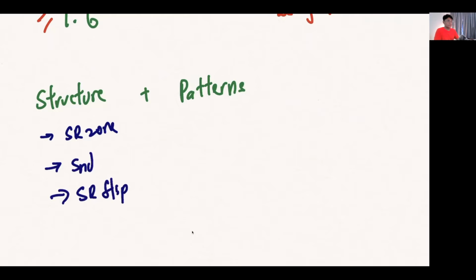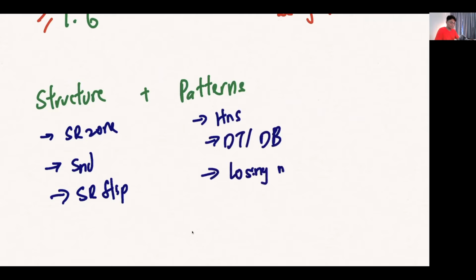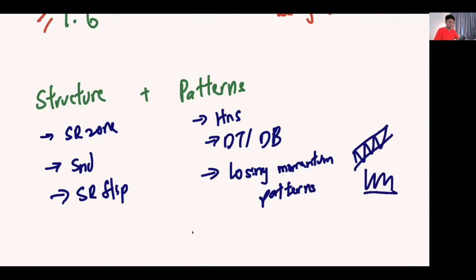Patterns can be any chart pattern such as wedges or the losing momentum patterns like head and shoulder, double top or double bottom. Losing momentum patterns can be losing outwards, something like this, or losing inwards, something like this. So these are the patterns.